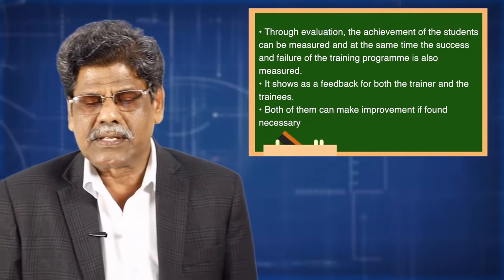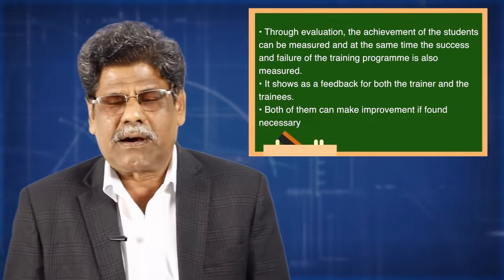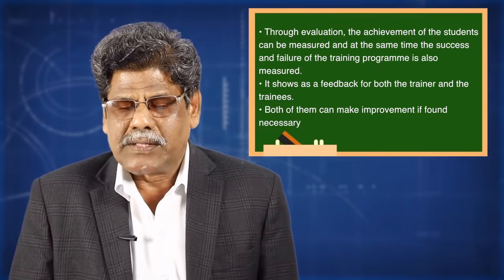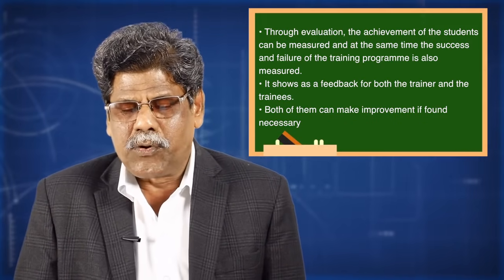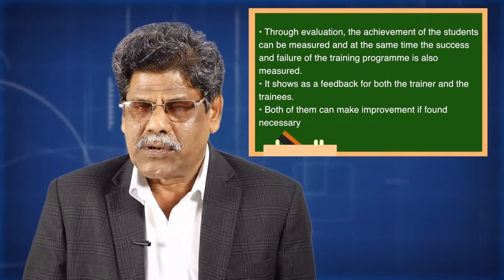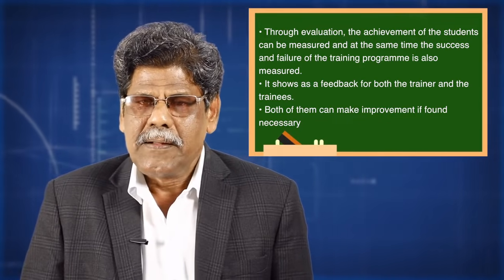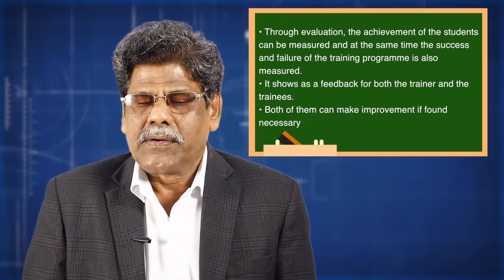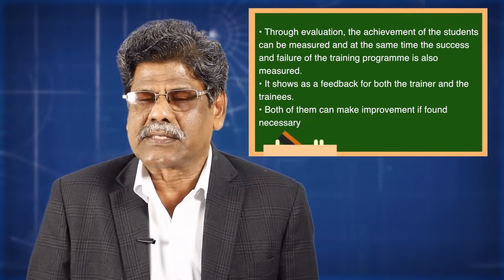And it shows the feedback of both the trainer and the trainees. Then both can be improved. What are the drawbacks in the training program can also be seen. These are the main points of importance of analysis of test result.